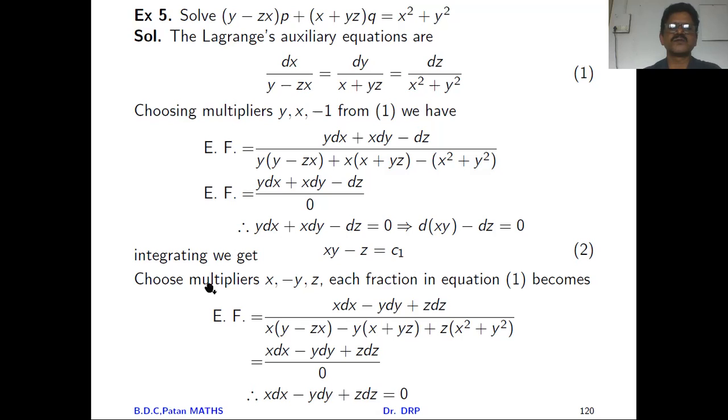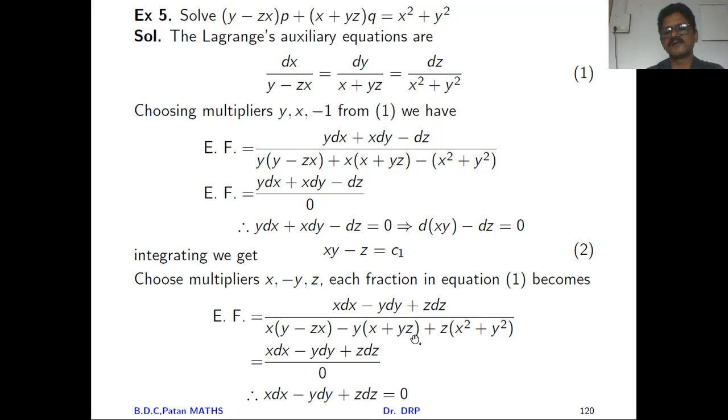Now choose another set of multipliers x, minus y and z to get the other independent solution. So if you use the set of multipliers as x, minus y and z, then each fraction in equation 1 becomes (x dx minus y dy plus z dz) divided by a denominator which you will get to be 0; you have to check it. So multiply this by x, this by minus y, and this by z, and take the addition.